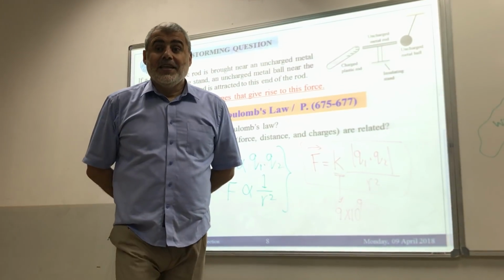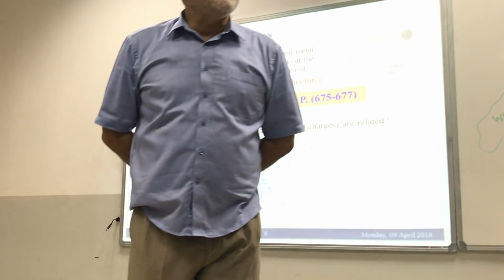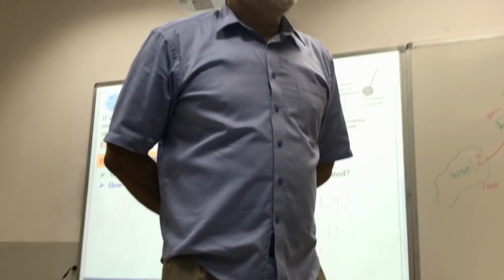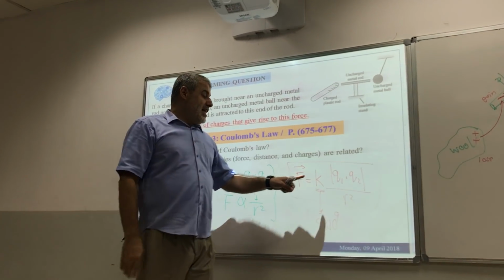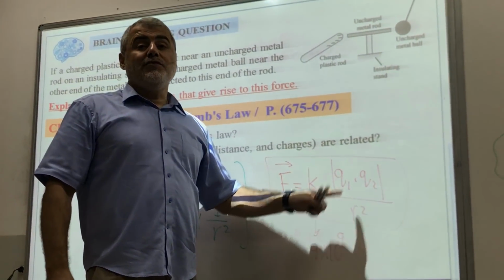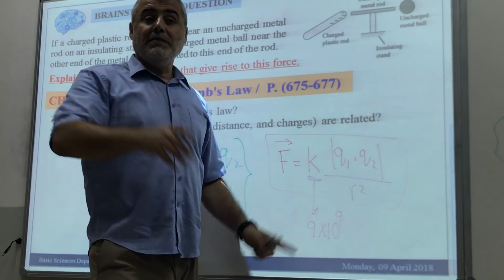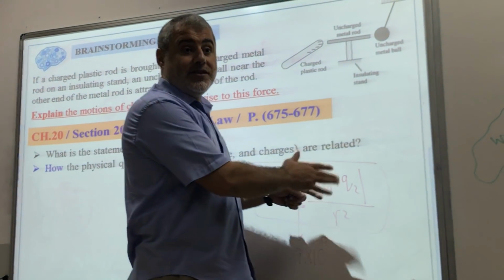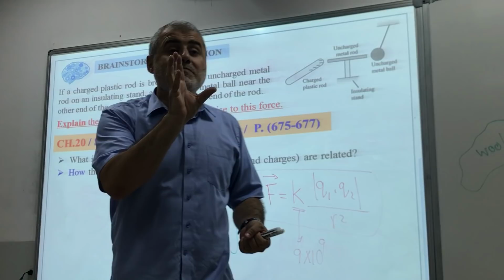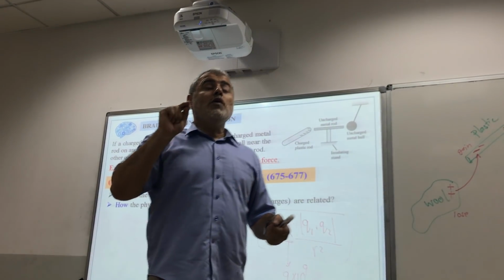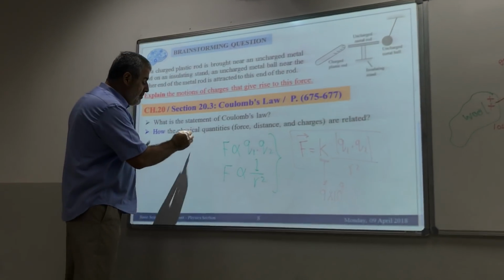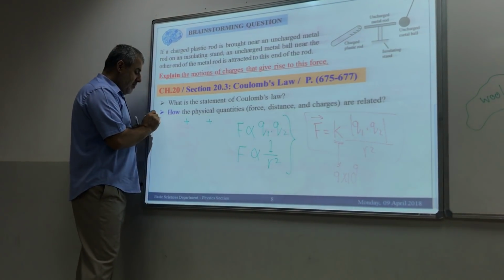So how do we show the sign, ya shabab? First of all, we put the absolute value. That means we don't care here mathematically about the sign. We care only about the magnitude of force. How much is it? But you should know from the question, if it is positive and positive, you will tell me this is repulsion.